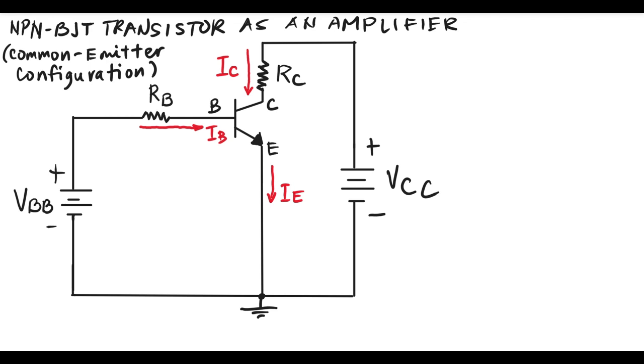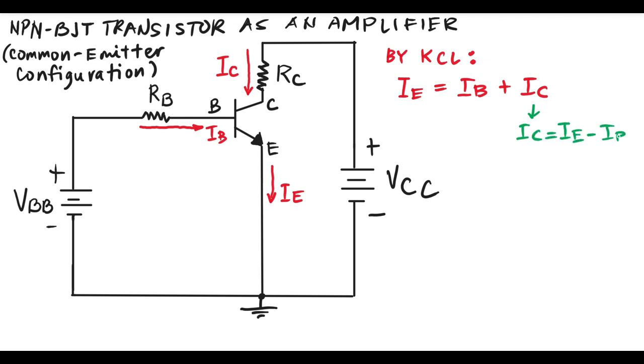Now, with these currents, we can apply Kirchhoff's current law. So by KCL, we can say that the current going out, which is IE, will be equal to the sum of the base current plus the collector current. And because of this, we can also derive the formula for IC, which will be equal to IE minus IB.